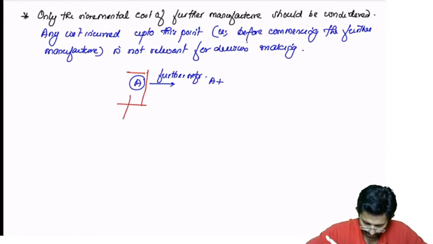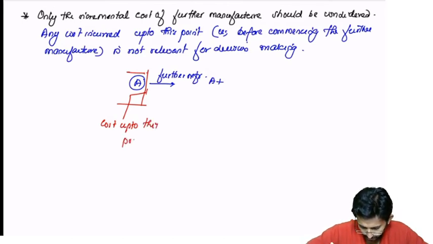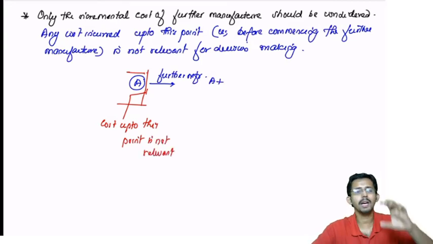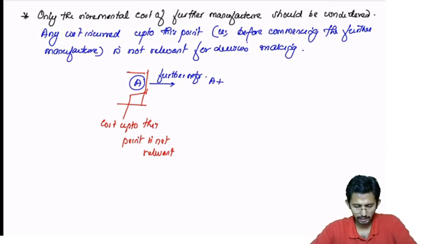Any cost incurred by A up to this point where the further manufacture starts is not relevant, because what we are evaluating here is what? The decision with respect to further processing or not. Am I right?